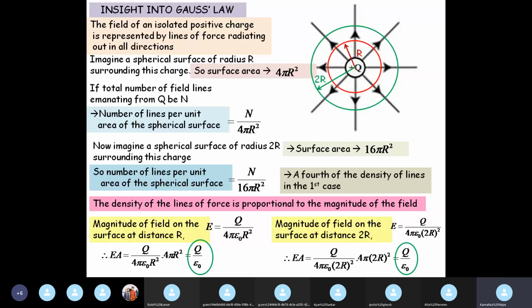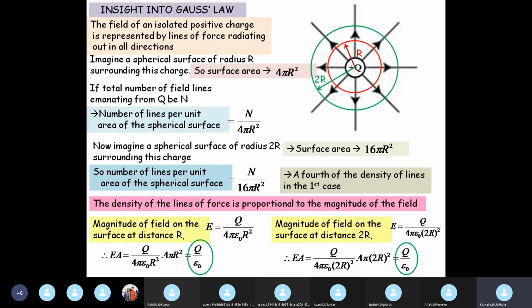Okay, so this product is known as the flux of the electric field. The product of the magnitude of the electric field with the area of the enclosing surface, and the flux will be determined only by the enclosed charge.